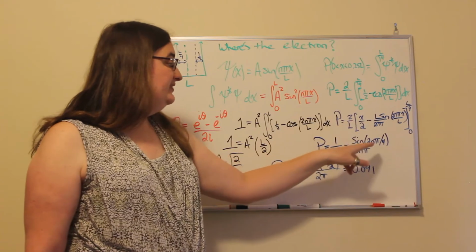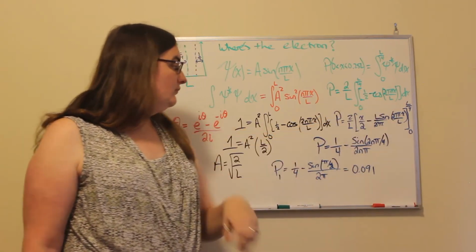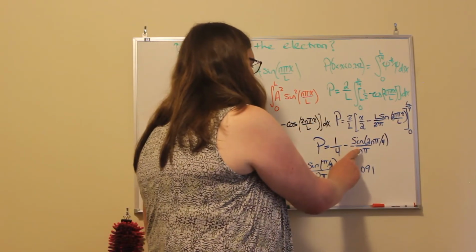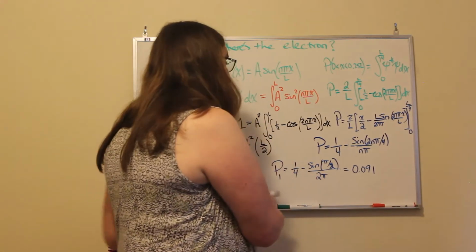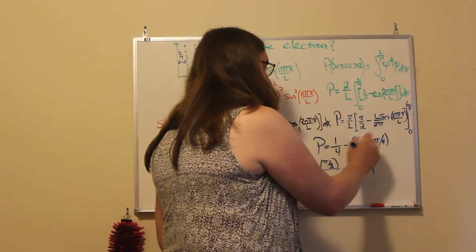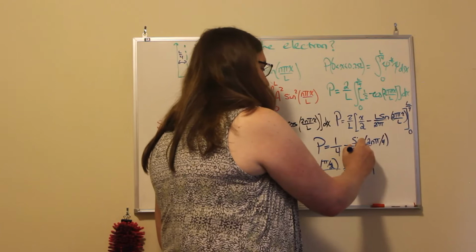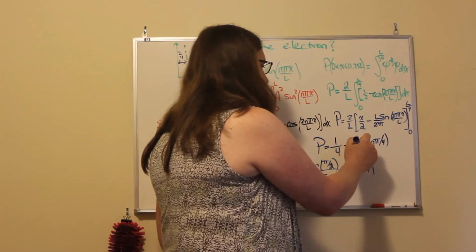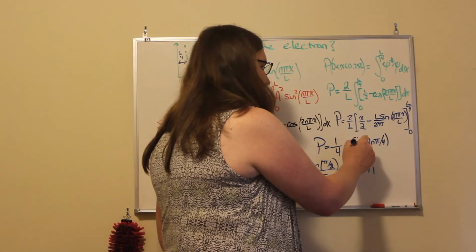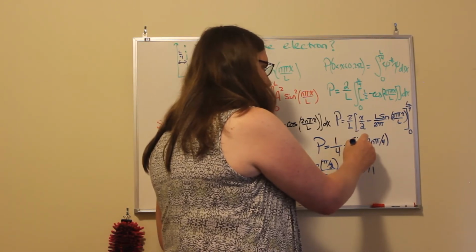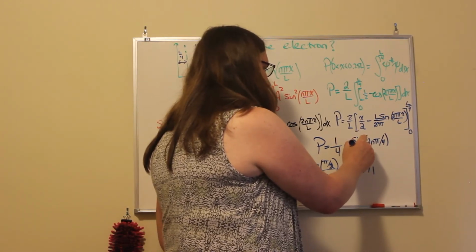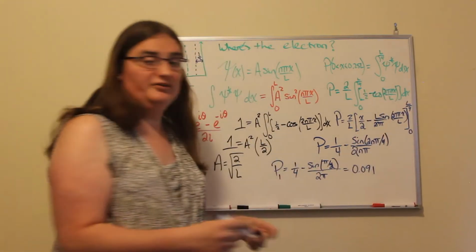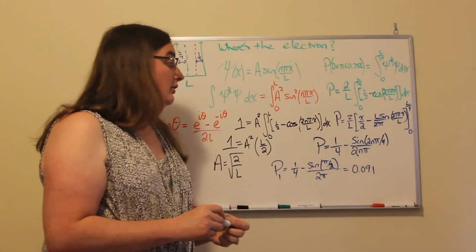And then I have minus L over 4. I don't have a factor of 2 in the denominator. I would have 2n pi from my integral, but from plugging in L over 4, I end up getting a factor of 2n pi, yeah.